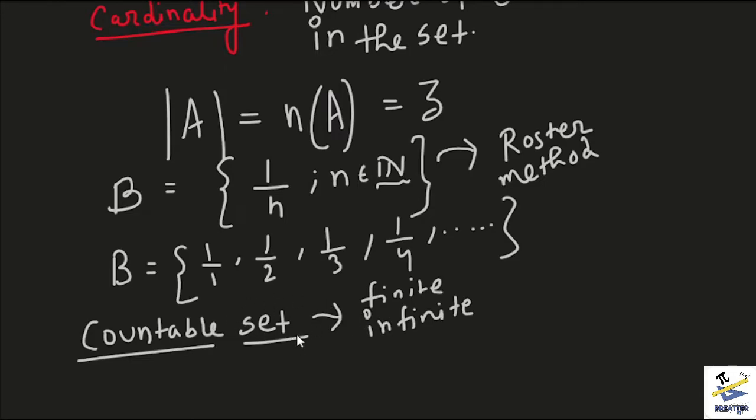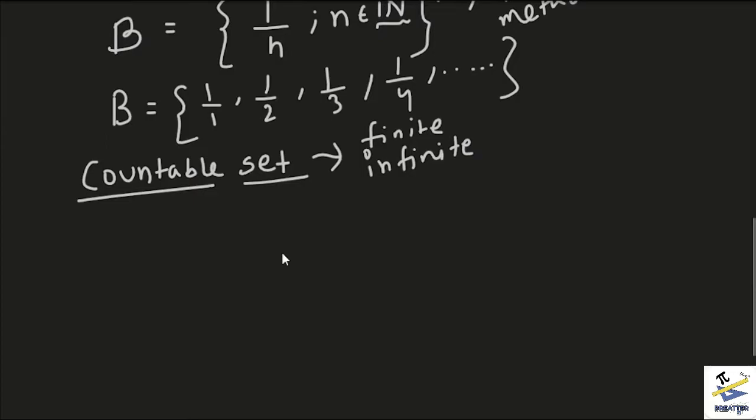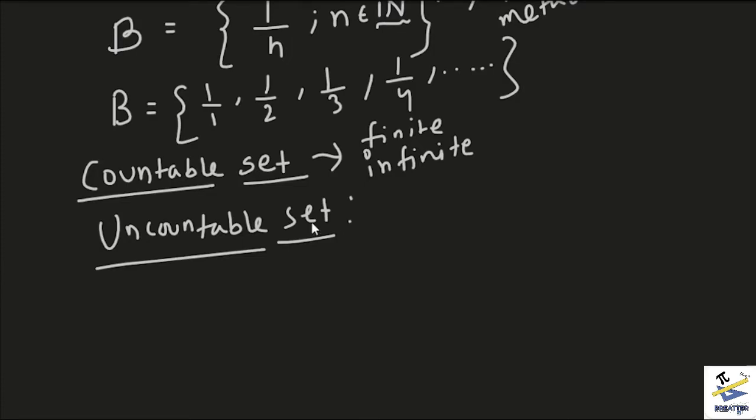For now, obviously this is a countable set, and if we were talking about uncountable sets, I shall give you only one example for the moment. An uncountable set is obviously a set which has an infinite number of elements, because if it has finite elements, you can obviously count them by hand.